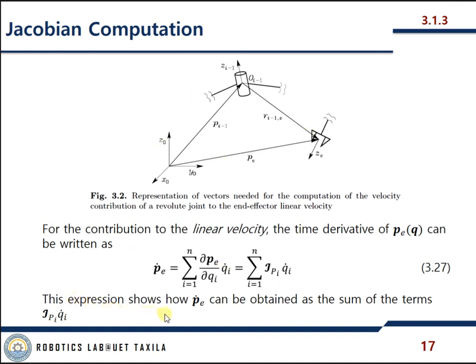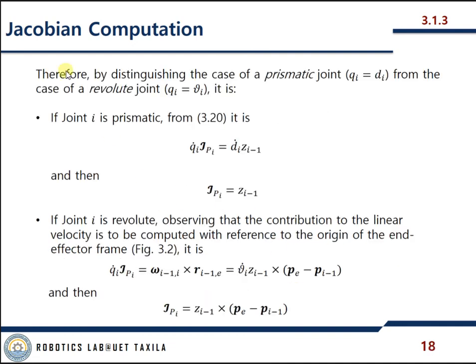This expression shows how p e dot can be obtained as the sum of terms of J P i q i dot. Therefore, by distinguishing the case of prismatic joint, q i equals d i, from the case of revolute joint, q i equals theta i, if joint i is prismatic from 3.20, it is q i dot J P is equal to this one, which is the linear Jacobian.